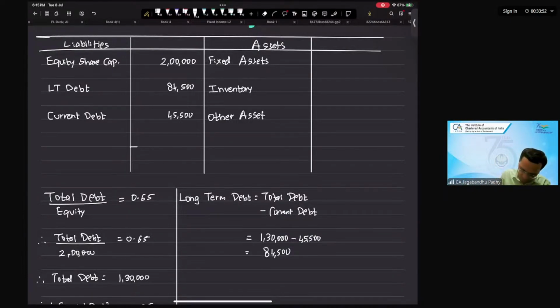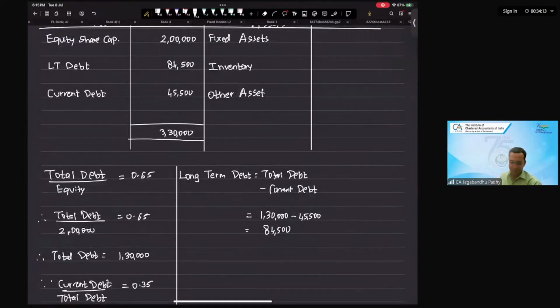So the total works out to be 2 lakh plus 84,500 plus 45,500, which is 3 lakh 30,000, the total of all liabilities.